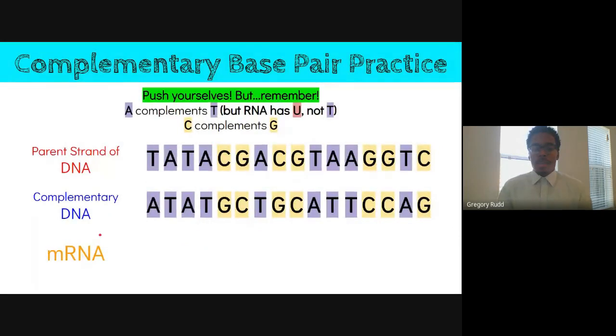All right. So this is the same strand that Castro just complemented for us, but I want to push you all a little bit. If I've got this DNA, A, T, G, C, T, G, C, A, T, T, C, C, A, G, how can I get that into mRNA? We do the exact same thing. However, in mRNA, we don't have T's, we have U's.